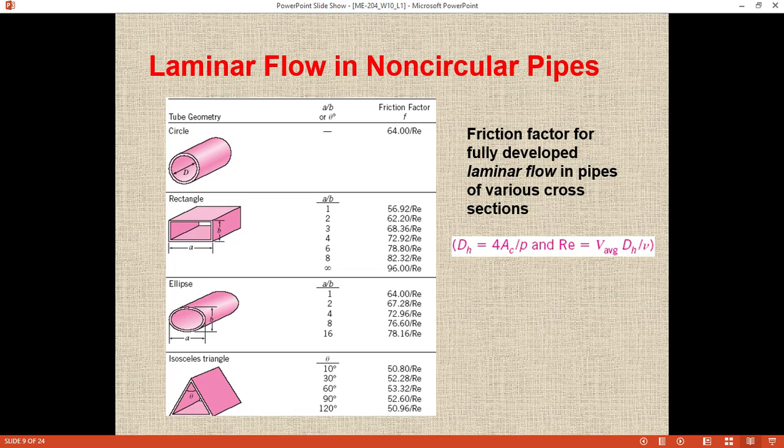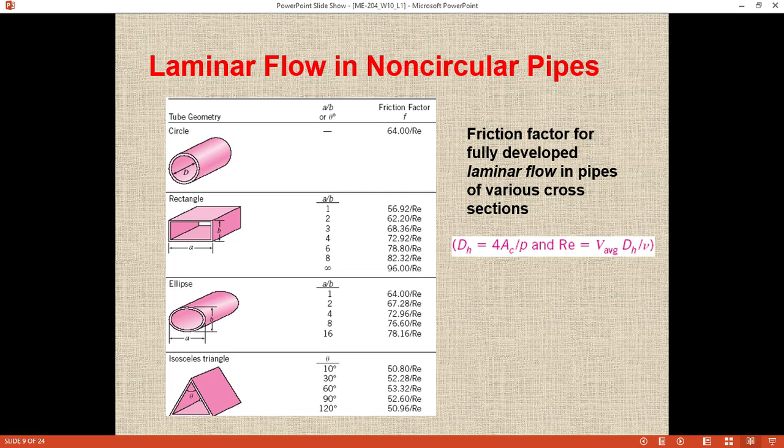Here you can see the ratio A by B is given. The friction factor F for fully developed laminar flow is 64 by Re for the circular pipe. For the non-circular pipe, the only difference is the diameter and the dimension of the non-circular duct.